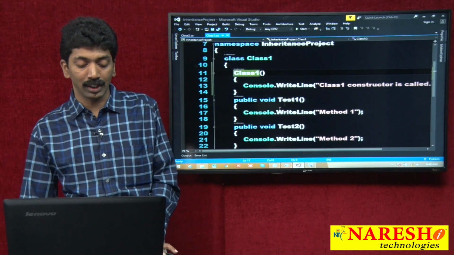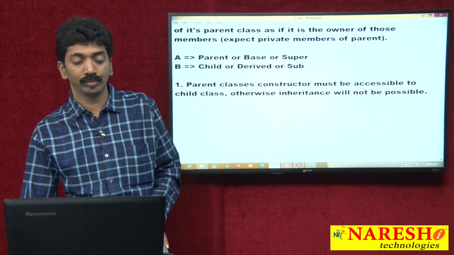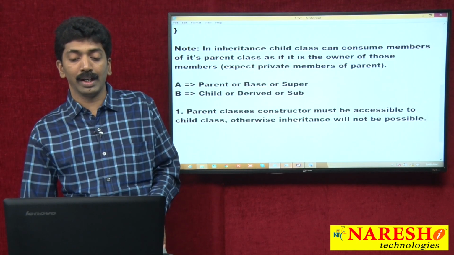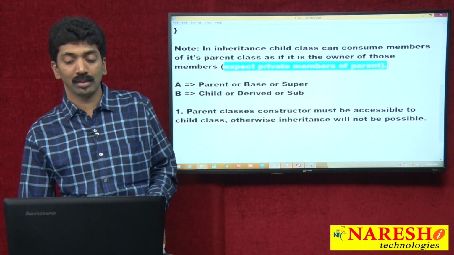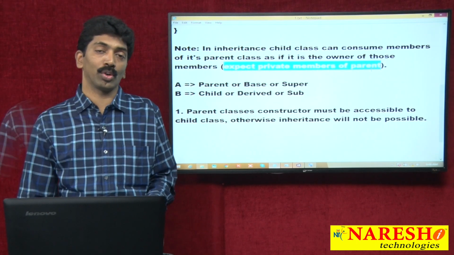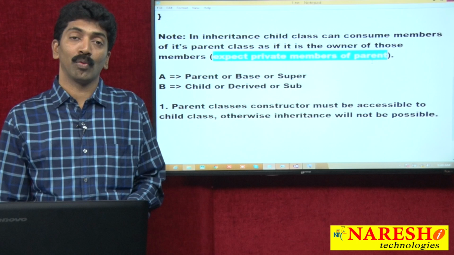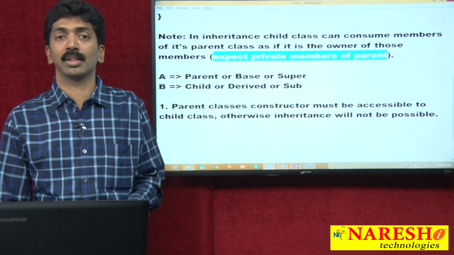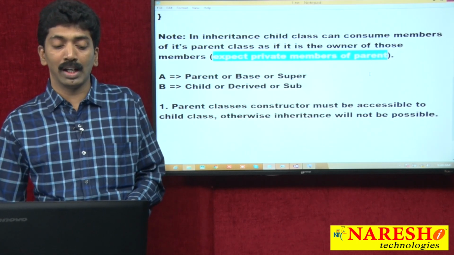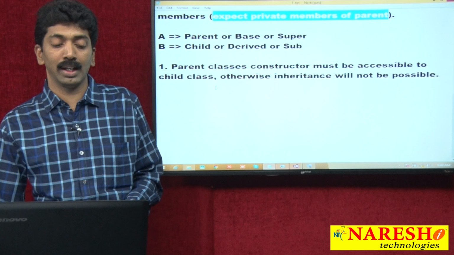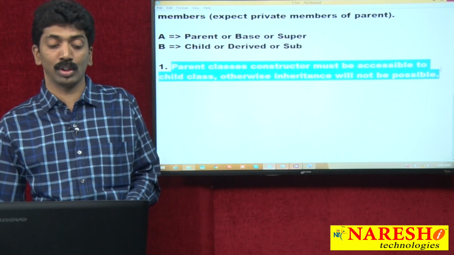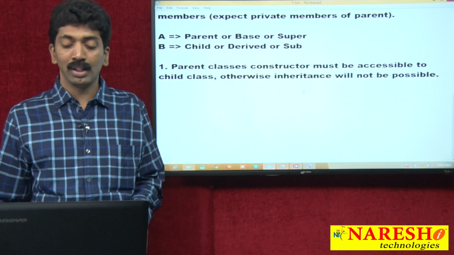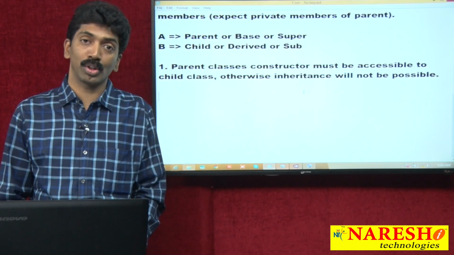Already we have learnt it: in inheritance, a child class can consume members of its parent class except private members of the parent. So you cannot call the private member, the constructor. And if the constructor cannot be called, inheritance is not possible. That's what I'm telling you. The parent class constructor must be accessible to the child class. Otherwise, inheritance will not be possible.